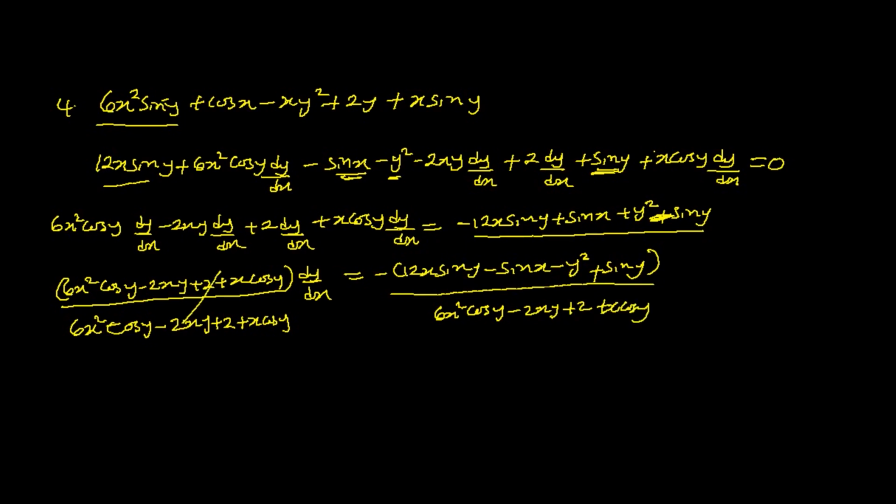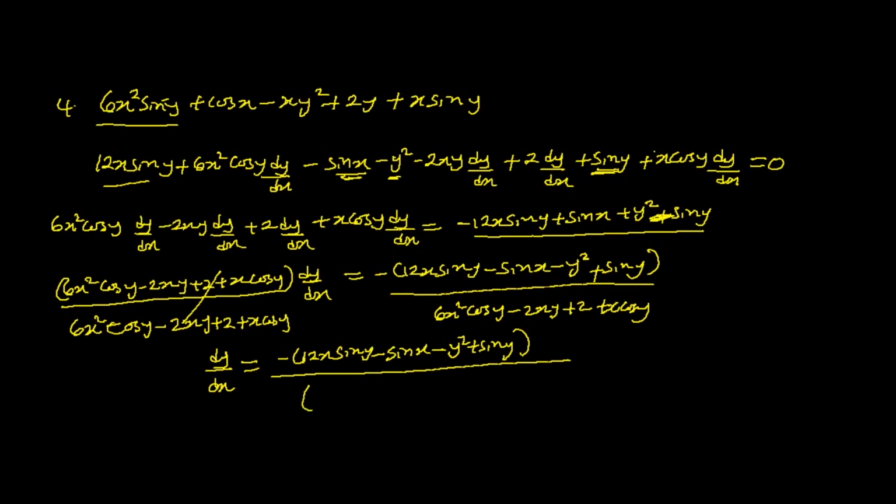So cancel these out. You have dy/dx to be equal to minus 12x sin y minus sin x minus y squared plus sin y, all divided by 6x squared cos y minus 2xy plus 2 plus x cos y.